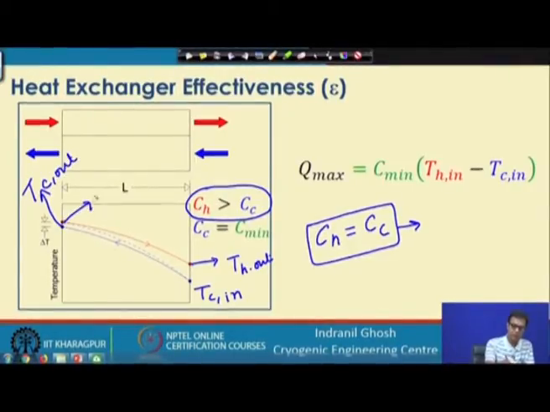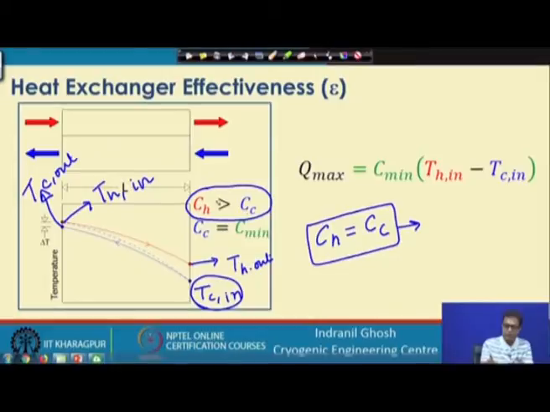Now, we will find that this cold fluid, being the minimum capacity fluid or the lean fluid, will experience the maximum temperature difference, like when someone is weak, he has to suffer most. So, this fluid T C will have the maximum difference in temperature.